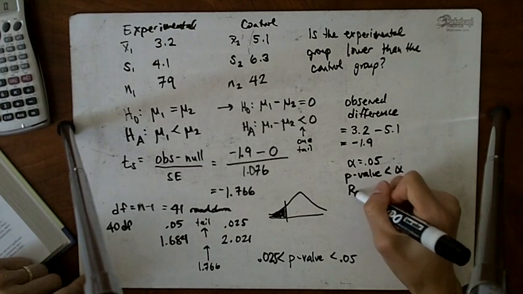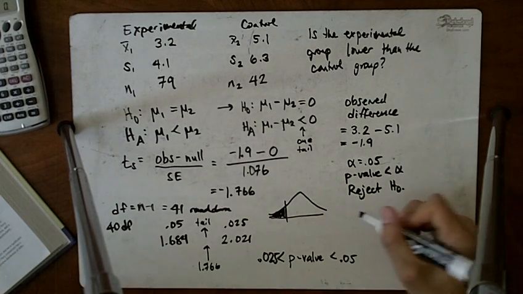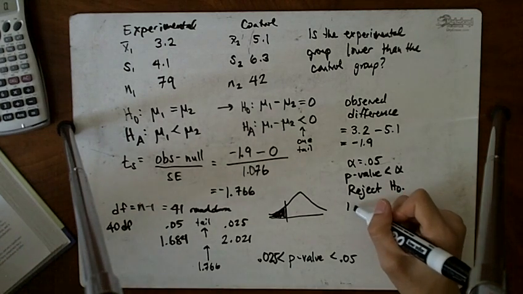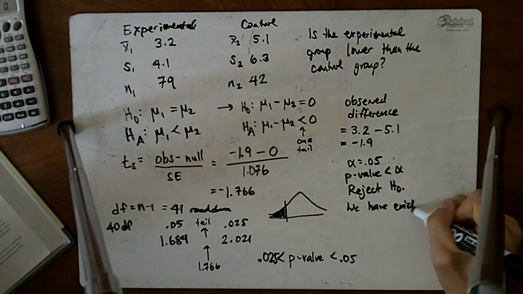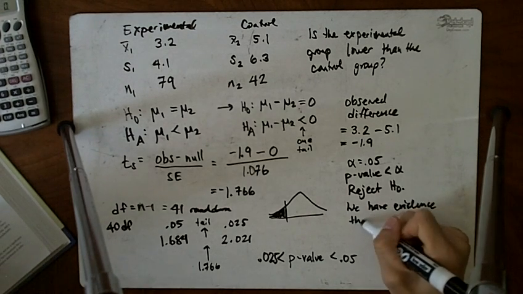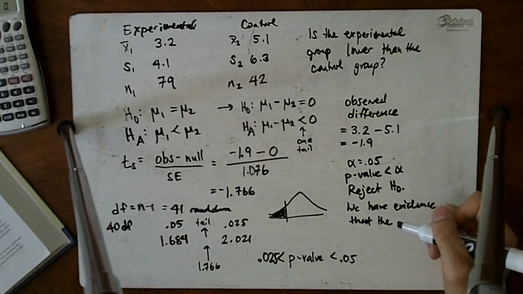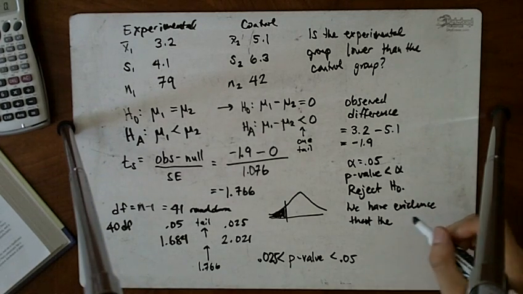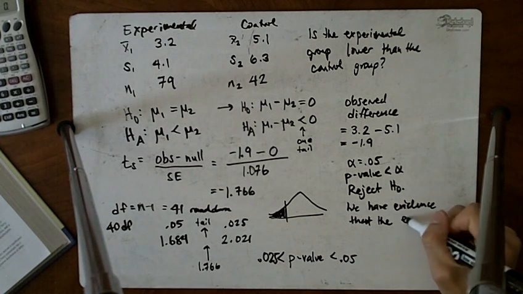So that means I reject the null hypothesis. And that means we have evidence that the experimental group, meaning the ones that received the letter, had a lower crime rate than the control group.